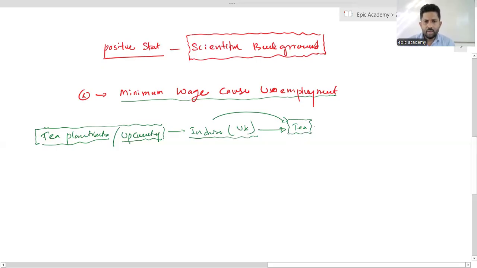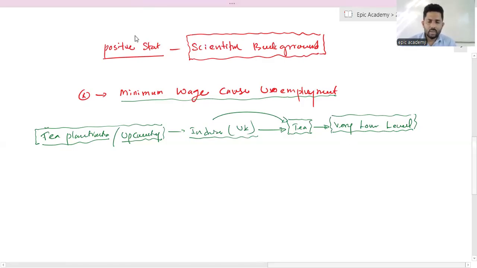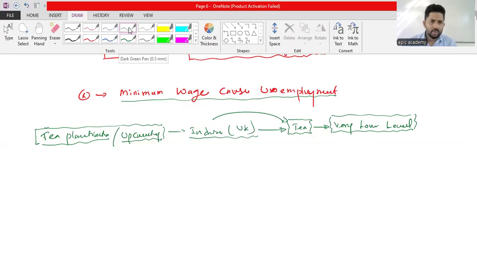The payment for their labor was at a very low level. Before 1942, this happened in Sri Lanka under the United Kingdom, because this country belonged to them, controlled by the United Kingdom according to the Queen.